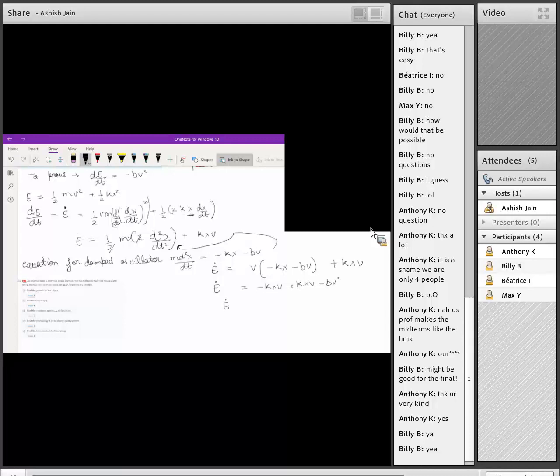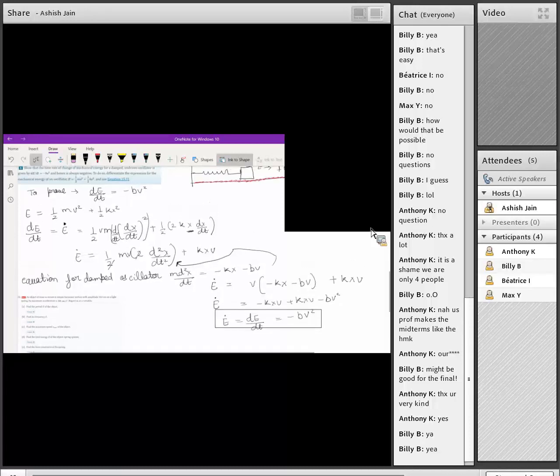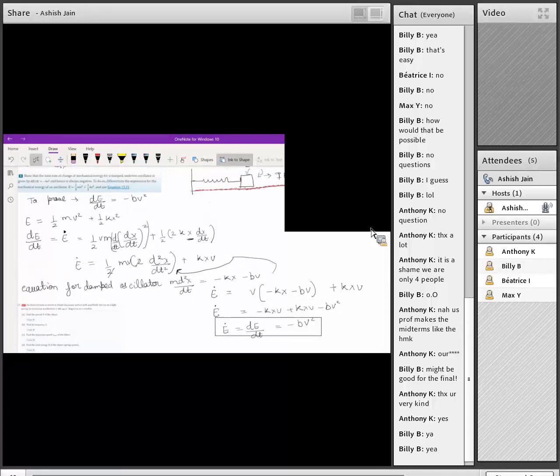So E dot, or dE by dt, equals minus bv square. Okay, any problem here? So what I did here, I made the confusion. Sorry for the confusion here. I was just trying to simplify it so that you guys would get it easier.